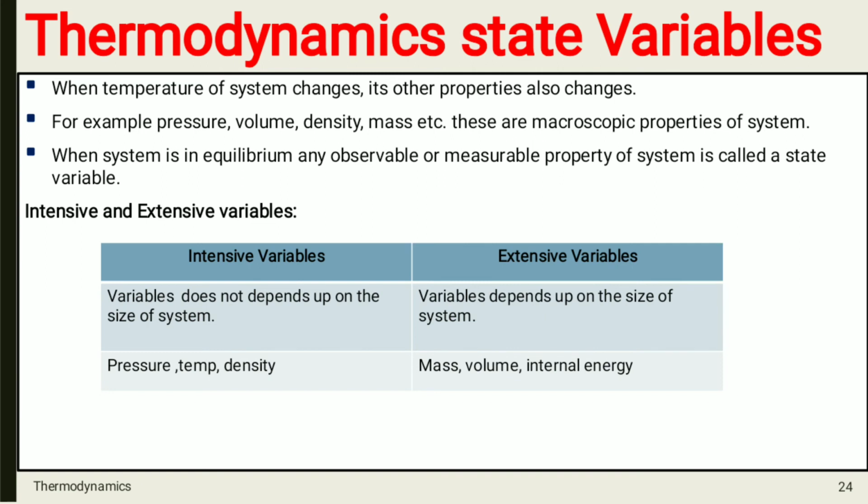Now, we can see what is meant by intensive and extensive variables. Intensive variables are those variables which do not depend on the size of the system, like pressure, temperature and density. And extensive variables are those variables which depend on the size of the system, like mass, volume and internal energy.